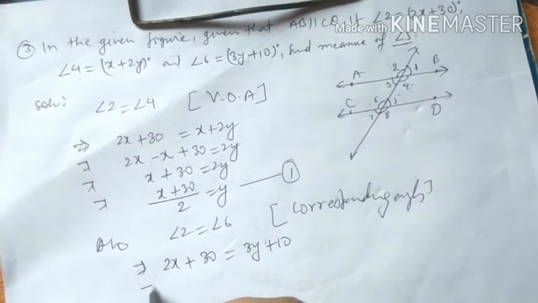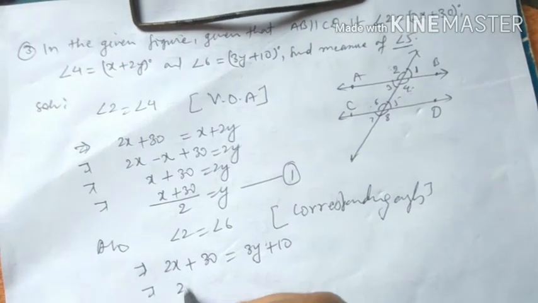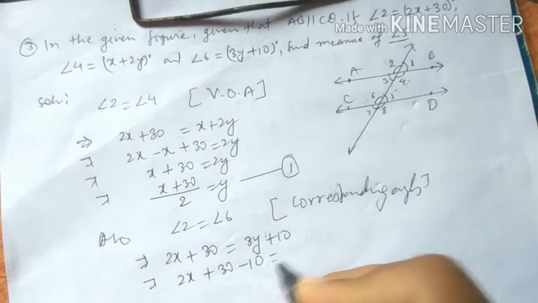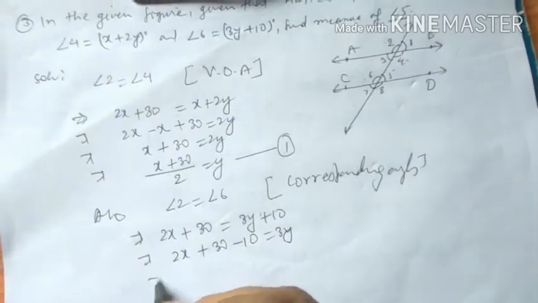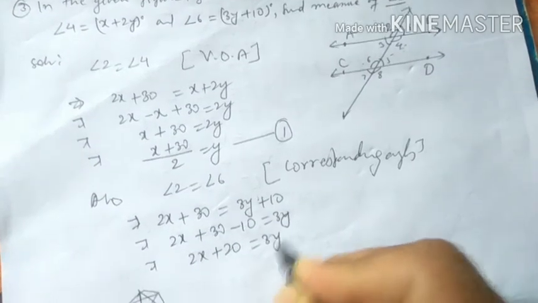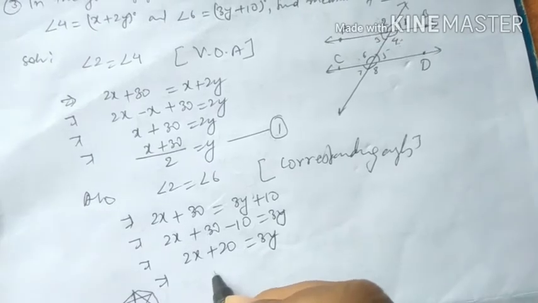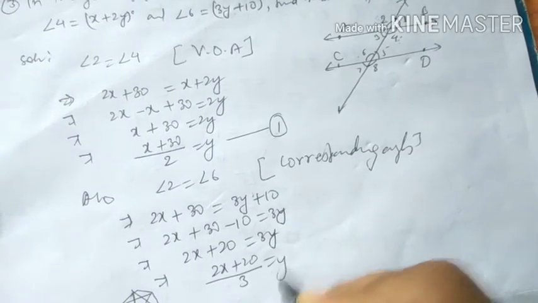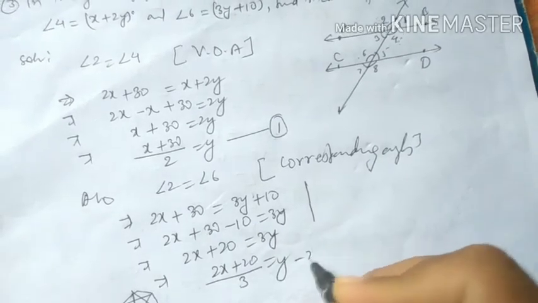So 2x plus 30 minus 10 equals 3y, and this implies 2x plus 20 equals 3y, so (2x plus 20) divided by 3 equals y. It is equation 2.